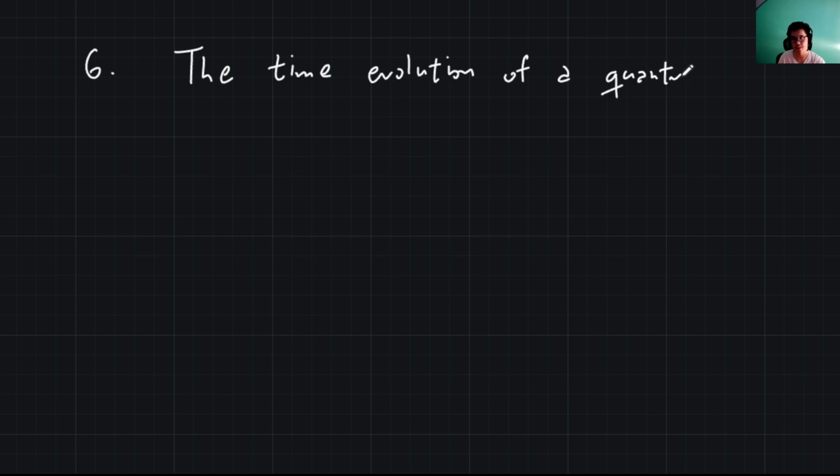Lastly, the sixth and final postulate is the Schrodinger's equation. The time evolution of a quantum state is determined by the Schrödinger differential equation.